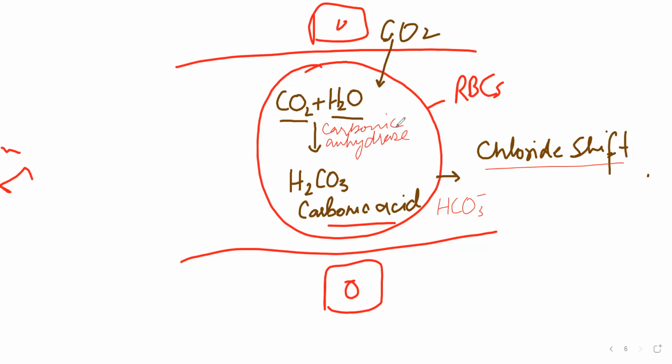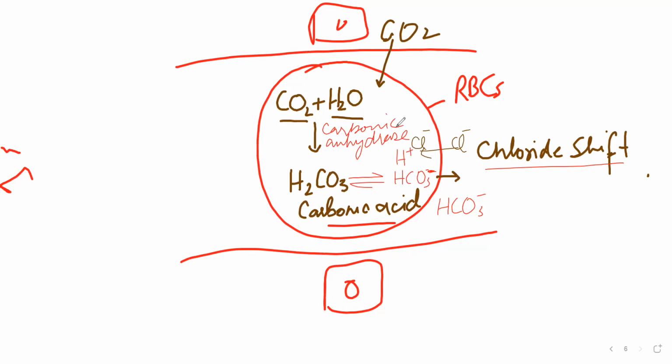Carbonic acid dissociates into carbonates, HCO3 negative ions, and it also forms hydrogen ions. These carbonates come out of the red blood cell in replacement with chloride ions. Why do these chloride ions come in and why do these carbonates go out?